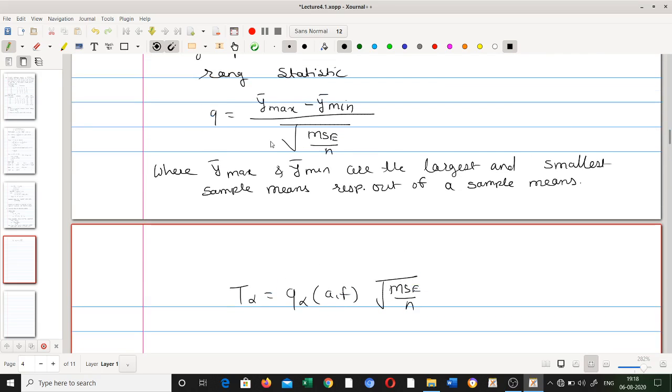He sent this MSE to this side, then in this side it will be y bar max minus y bar min, the largest sample mean minus the smallest sample mean, is equal to this one. So he makes use of this studentized range statistic and defines T alpha, the test statistic.